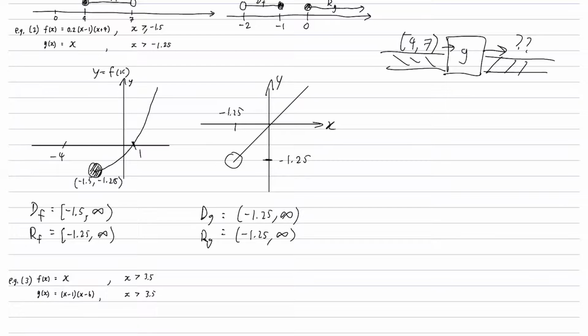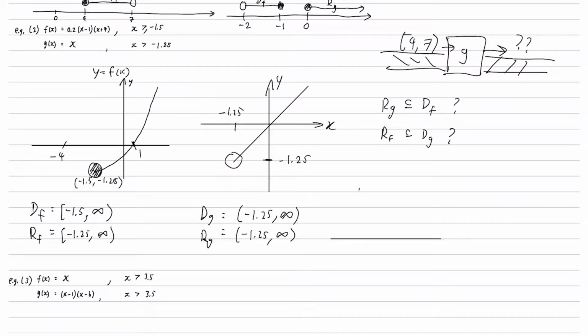So which one? Is range of G a subset of domain of f, or is range of f a subset of domain of G? Confused? We draw a number line.